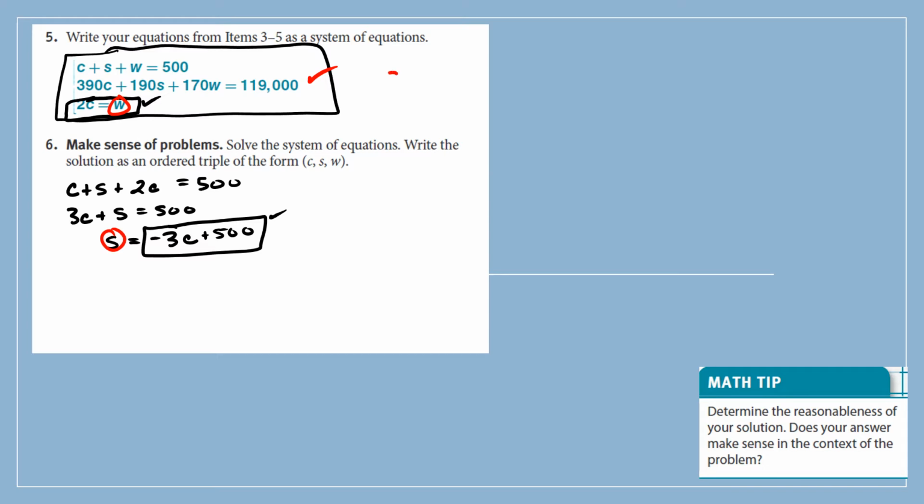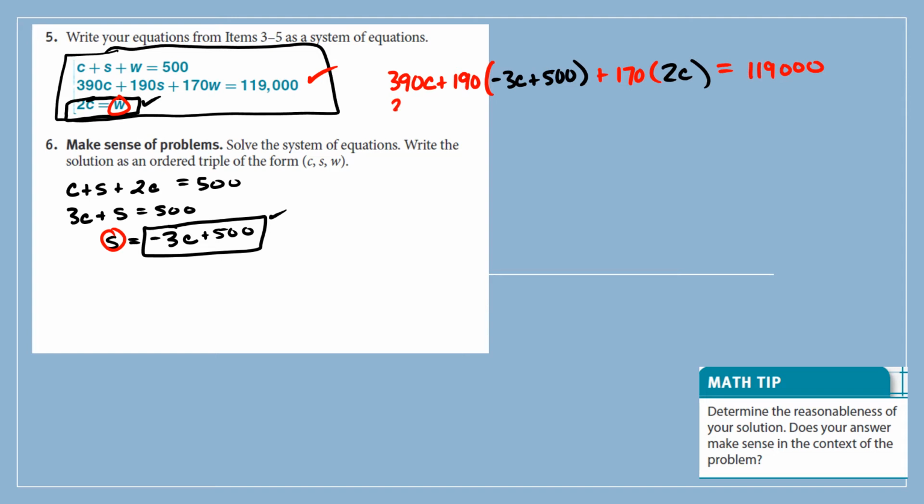So it would look like this: 390C plus 190S, and S is negative 3C plus 500, plus 170 for the wheat, and the wheat is 2C, and that all needs to equal 119,000.